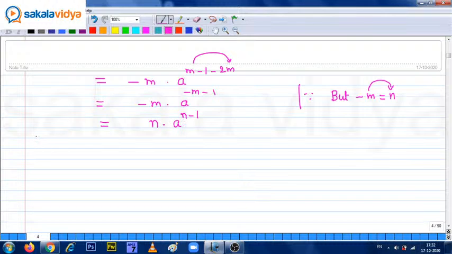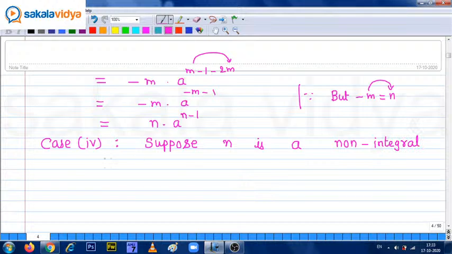So consider case 4. What is case 4? Suppose n is a non-integral rational number.